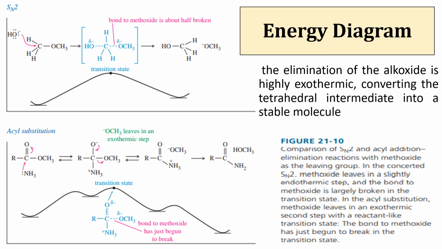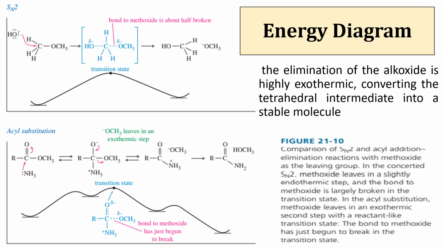The figure shows the comparison of SN2 and acyl addition-elimination reaction with methoxide as the leaving group. In the concerted SN2, methoxide leaves in a slightly endothermic step and the bond to methoxide is largely broken in the transition state. In the acyl substitution, methoxide leaves in an exothermic second step with a reactant-like transition state. The bond to the methoxide has just begun to break in the transition state.